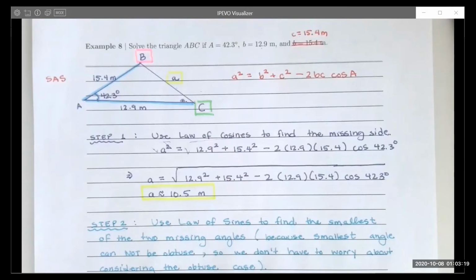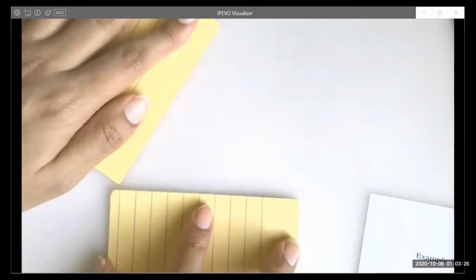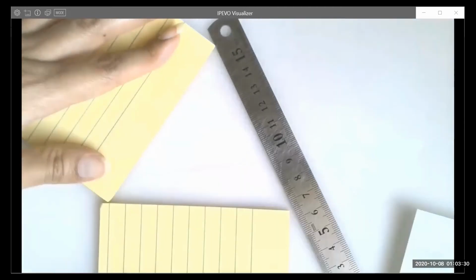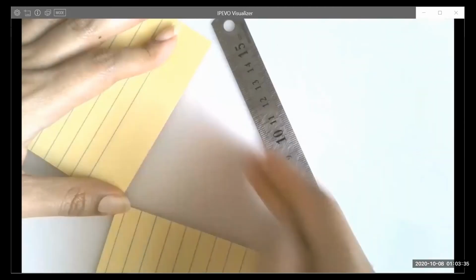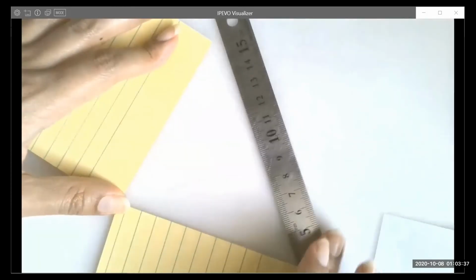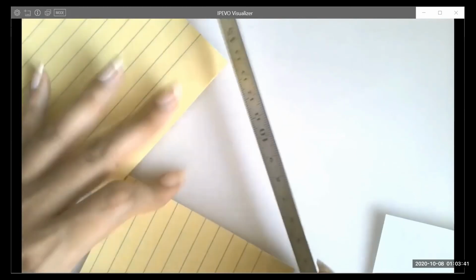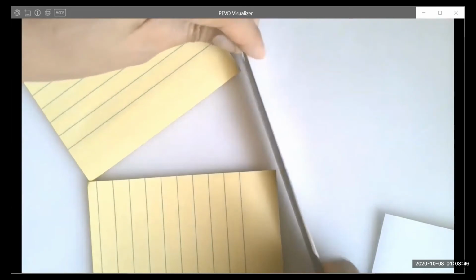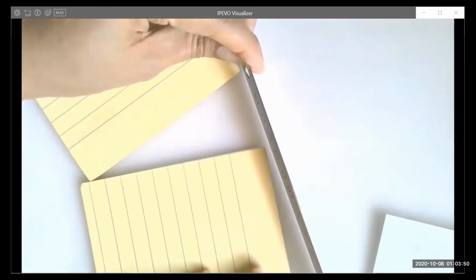Let's say, and I'm going to put this away for a second, that I'm forming this angle here, right? Well, the bigger the angle is, the longer this piece has to be, this piece here. Okay. So if I make the angle between these two sides smaller, then that automatically means that this side here is shrinking. It's becoming smaller and smaller.